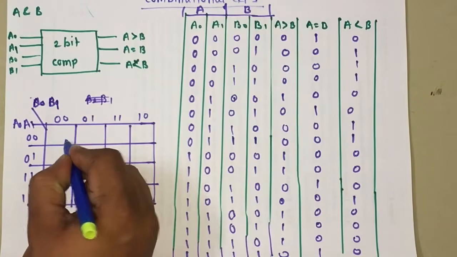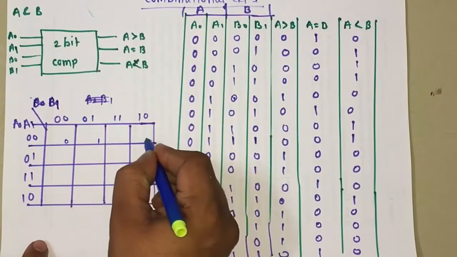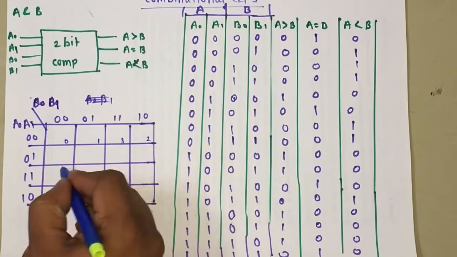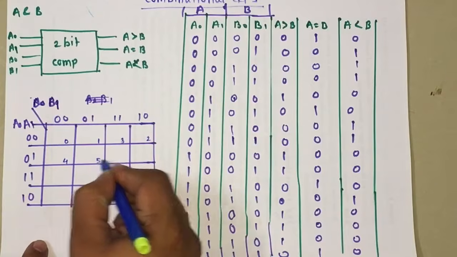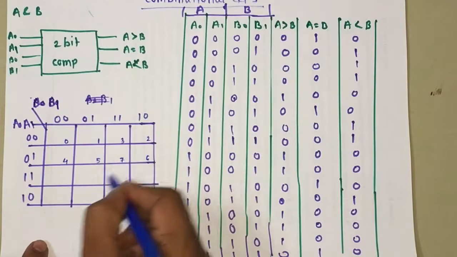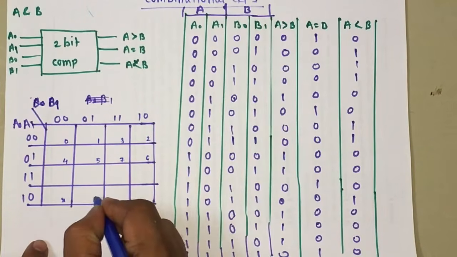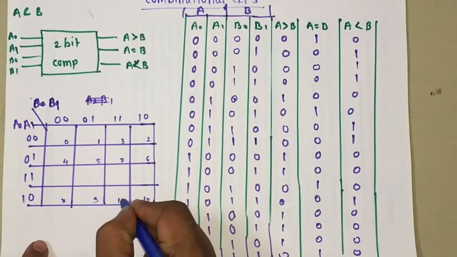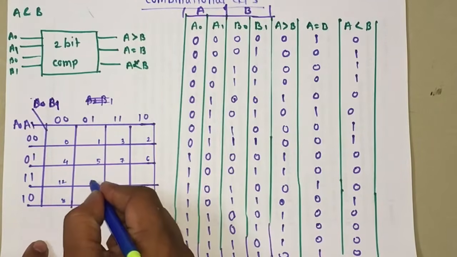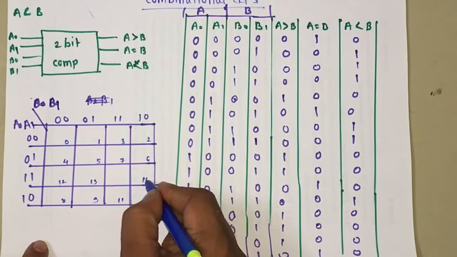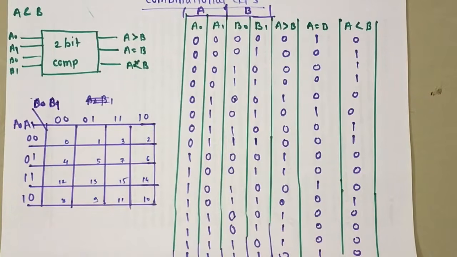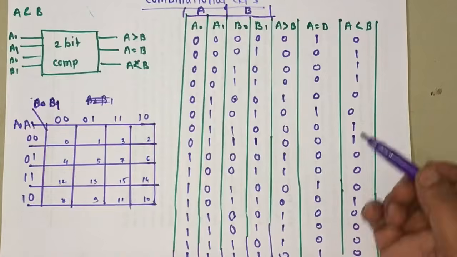So this is 0 1 2 3 4 5 6 7 8 9 10 11 12 13 14 and 15. So here I will indicate the min terms position. So after that you have to put the values.